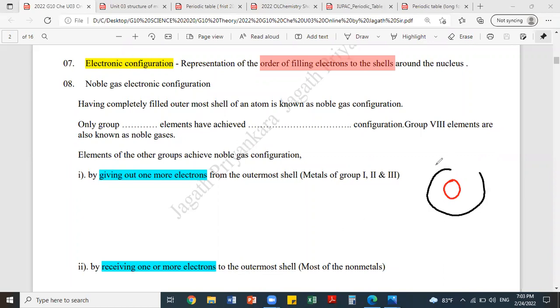Example, the first energy level gets filled first, with 2 electrons. Then the rest goes to the next level, 8 electrons up to maximum, like that. Any atom's first energy level can keep a maximum of 2 electrons, and the rest goes to the next level. We are not drawing the circles; we write the configuration like this, for example 2 comma 8.